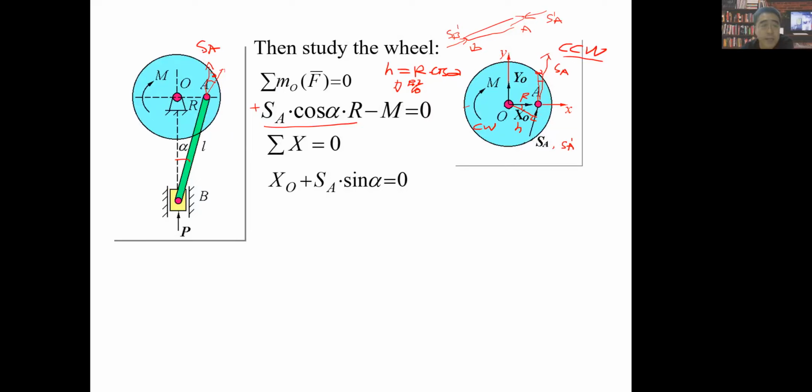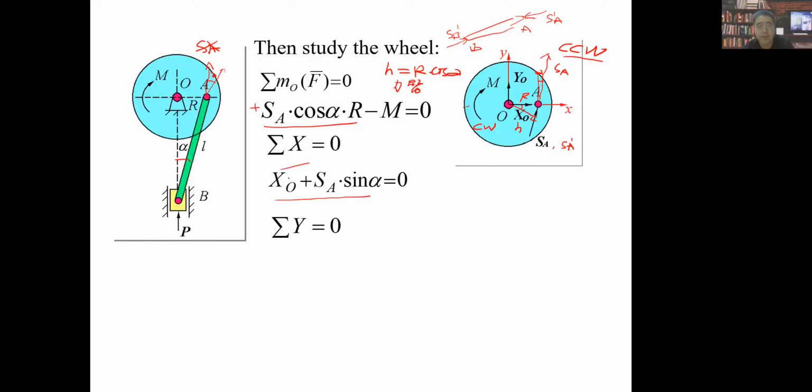I made a mistake here. This is not SA, right? SA should be along the AB direction. This is SA. So SA cosine alpha will be along the positive direction of Y, and SA sine alpha is along the positive direction of X.